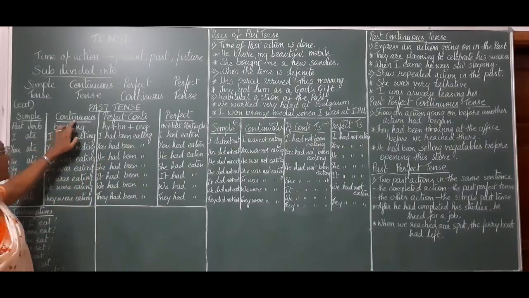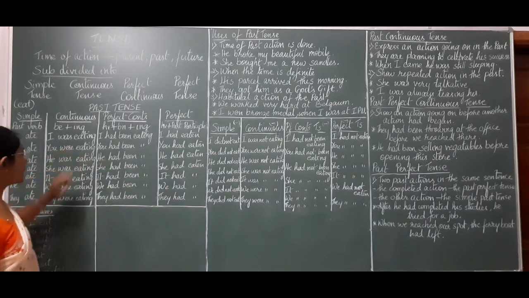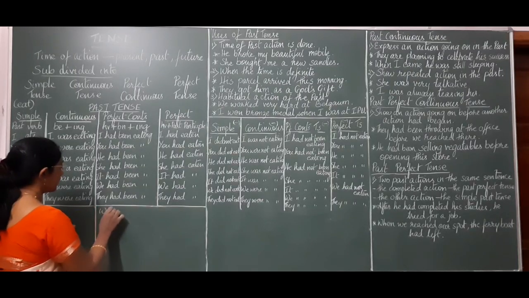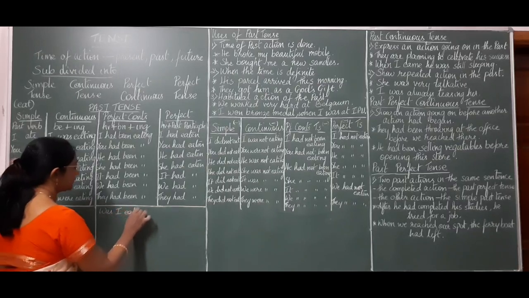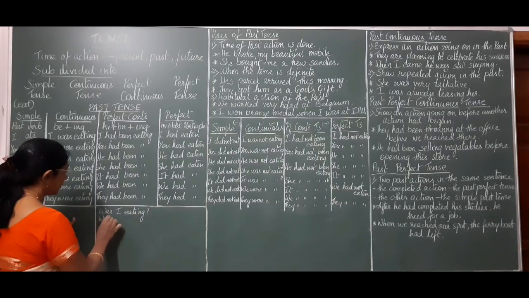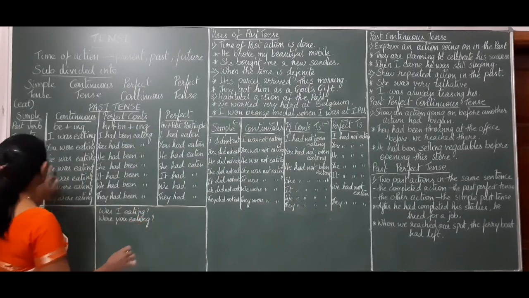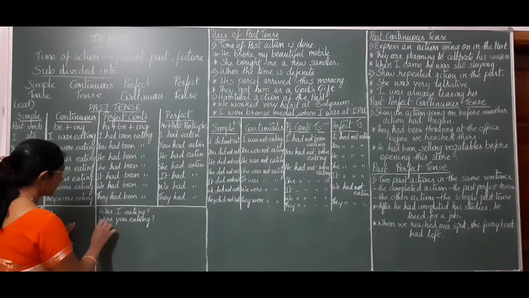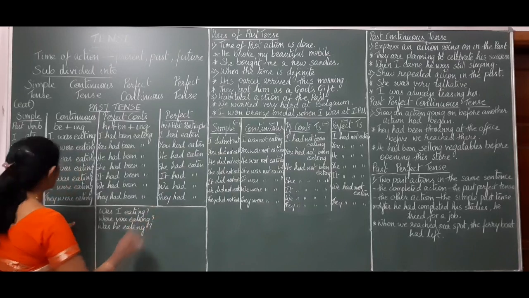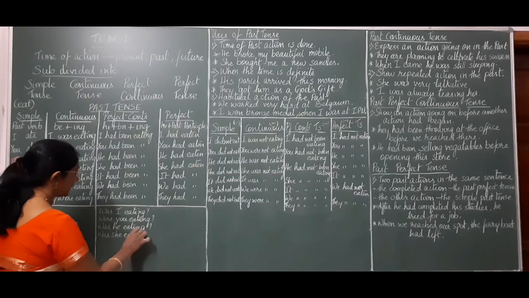Next, past continuous tense in the interrogatives. I was eating is changed as was I eating. For the subject you, were you eating? For the third person, was he eating? Was she eating?